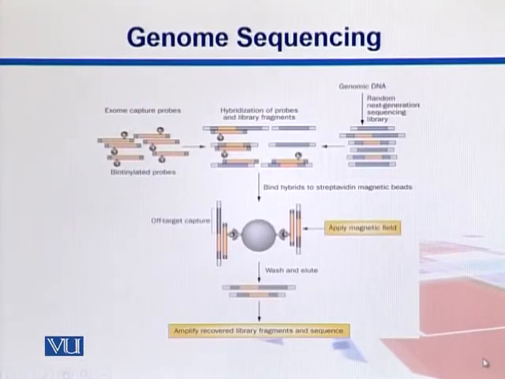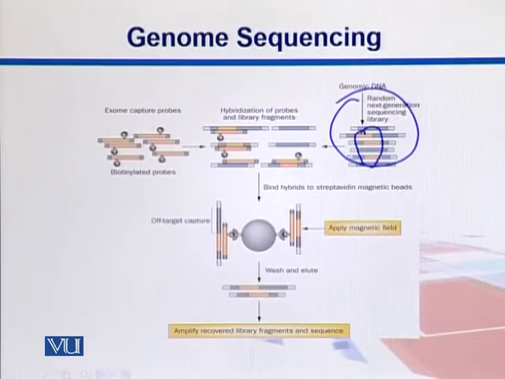Here we see baited exome capture. We start from genomic DNA, and we have generated some random DNA sequencing reads where exons are shown in orange. We design special capturing probes which are biotinylated. Biotins are attached to them, and then these probes hybridize to the targeted exons, since they are complementary.